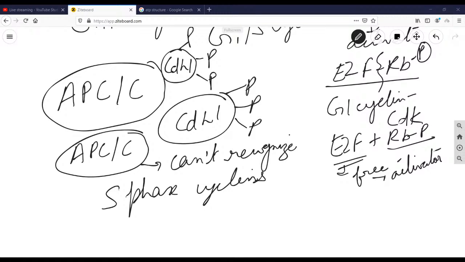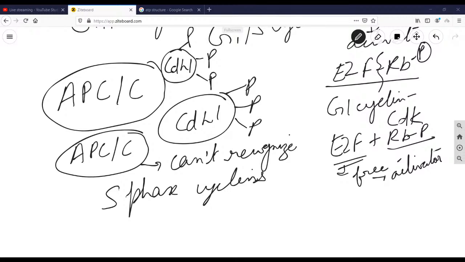Now after you have entered S phase, you may enter G2, and then the M phase, the mitosis phase. Suppose from S phase DNA replication is done, G2 is done, now you have entered the mitotic phase, with the cyclin B-CDK1 complex.